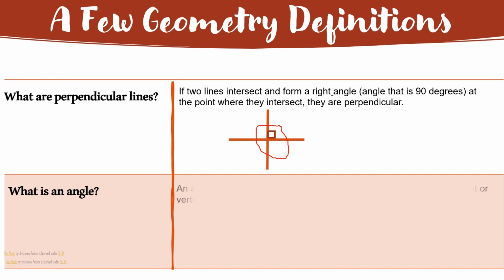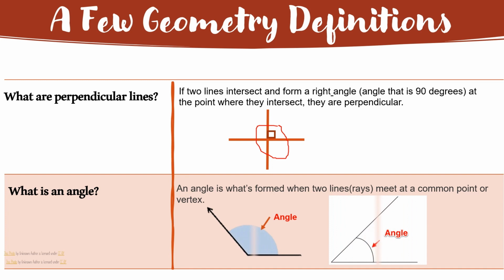So what is an angle? An angle is what is formed when two lines or rays meet at a common point or vertex. And here's an example of two angles. And I'm going to do a video on all the different types of angles, but the important thing to remember for the definition is that the space between the two lines is an angle and is formed because the lines intersect right at a point right there.